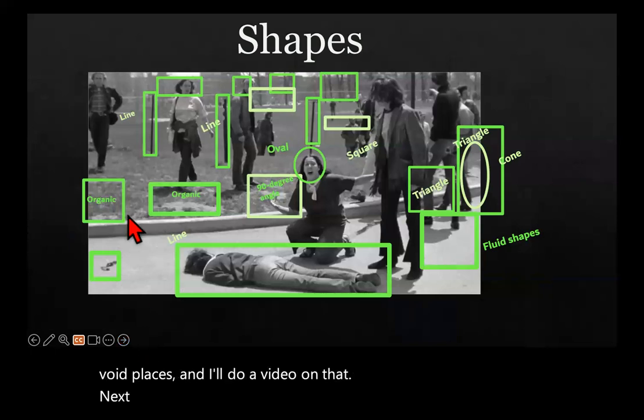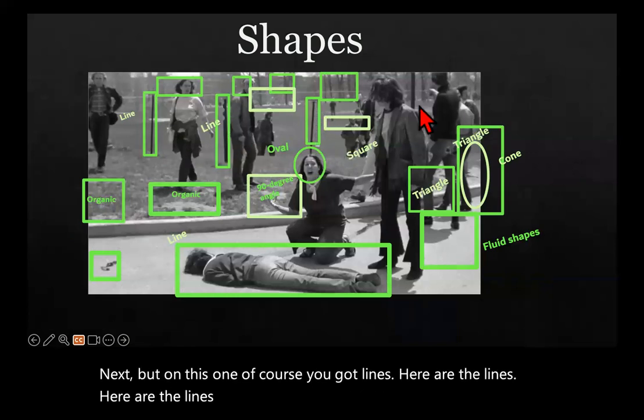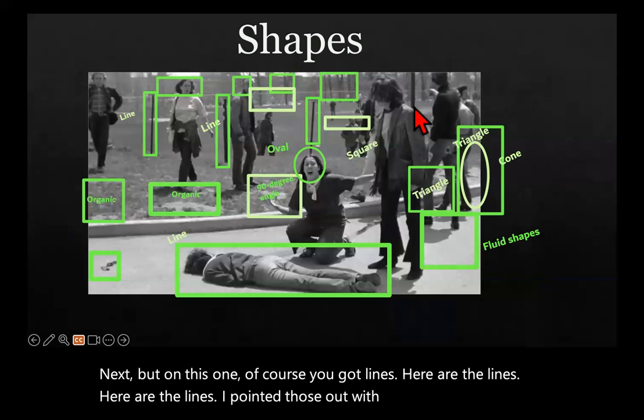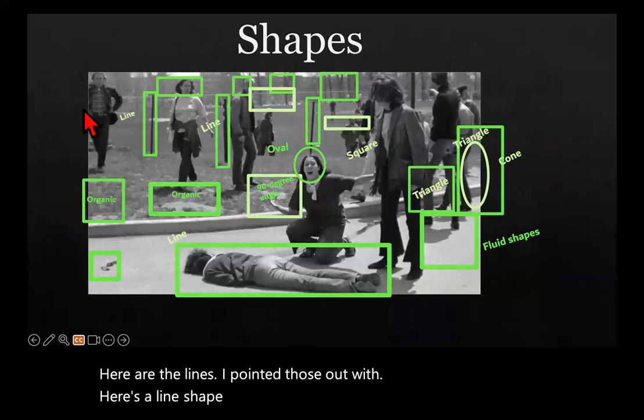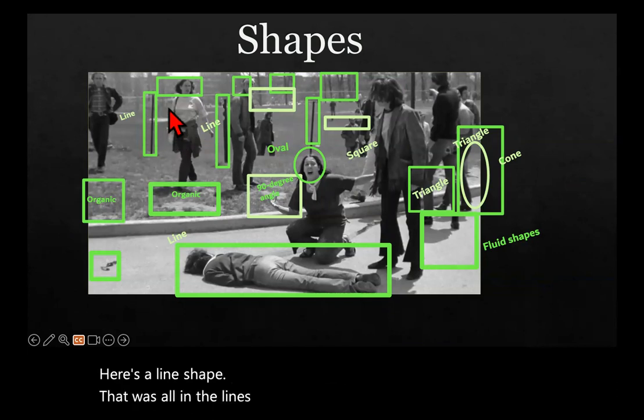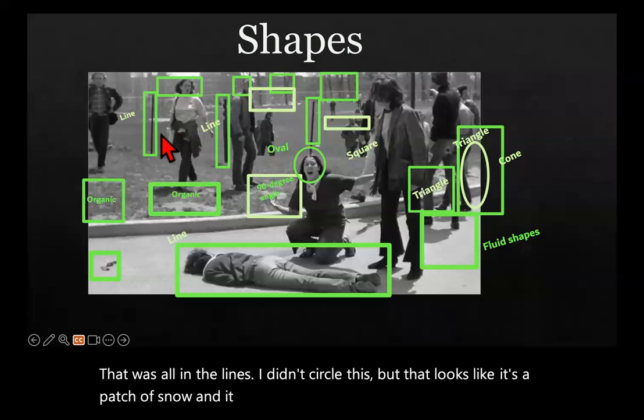But on this one, of course, you've got lines. Here are the lines. Here are the lines. I pointed those out with here's a line shape. That was all in the lines. I didn't circle this, but that looks like it's a patch of snow, and it may continue over here.